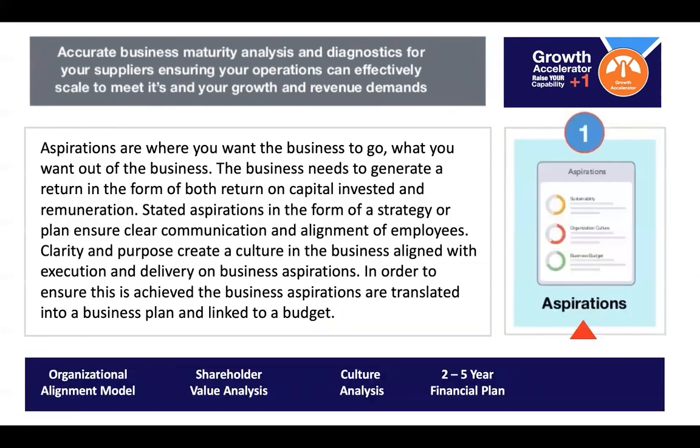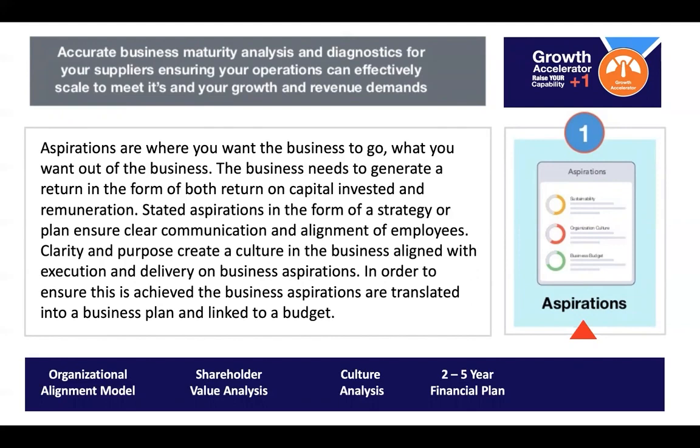If we look at the first area, aspirations predominantly focus on what the value is for shareholders and what shareholder value is being generated within the business. The aspirations area focuses on organizational alignment, because as we all know, culture eats strategy.